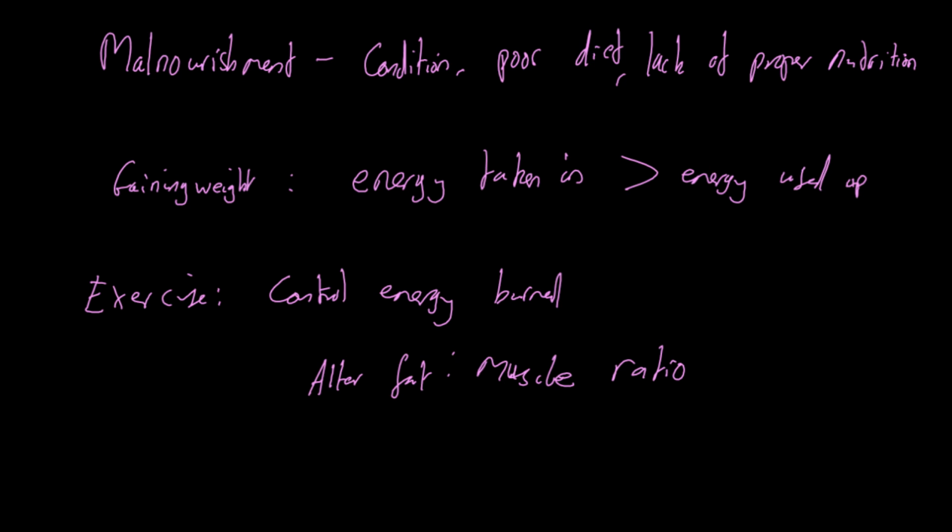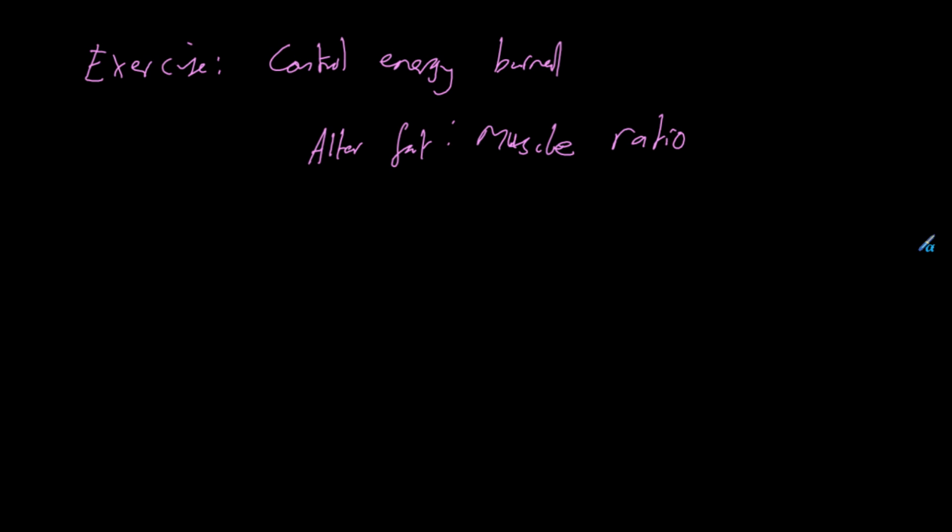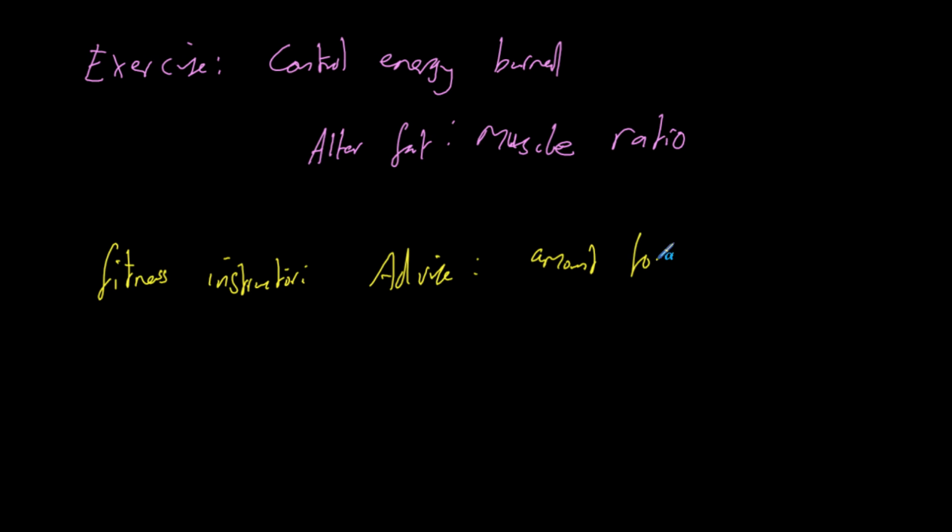And so this is something else which allows exercise to make us healthier. Now, one thing which is very common is if, for example, you are concerned about your health and about your lifestyle, you can visit a fitness instructor or a personal fitness specialist. What they can do is advise you on the amount of food and the types of food which you need to eat in order to improve the efficiency, if you like, of energy used in your body.